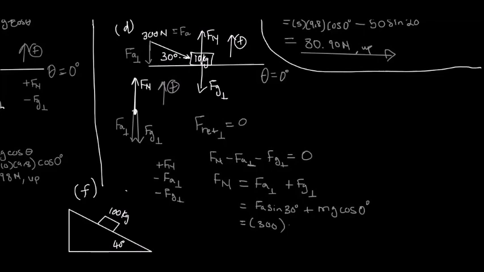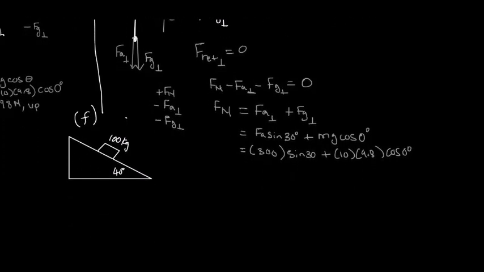Okay, and then sine of 30 plus then mass is 10, g is 9.8, cos of 0 degrees. Alright, so if you put that in your calculator, you can pause the video and do all the work and then find out if you got it right.